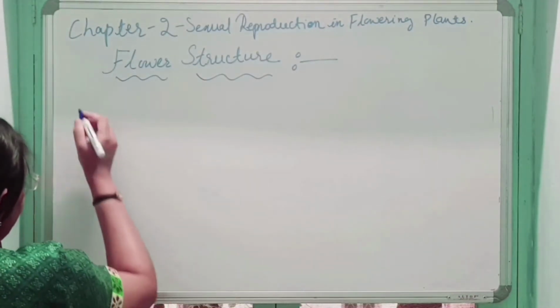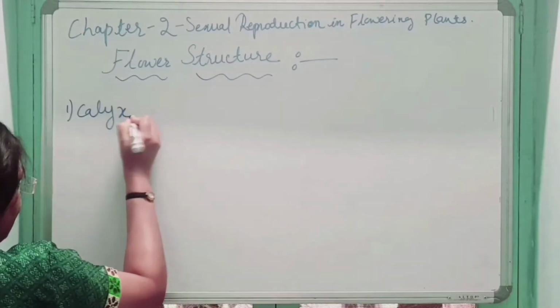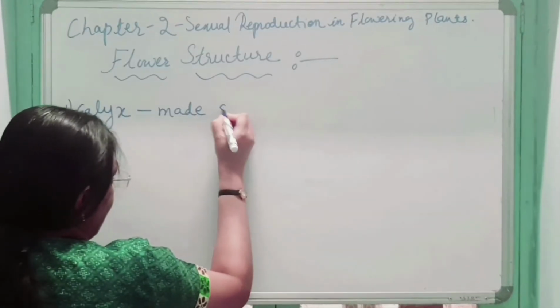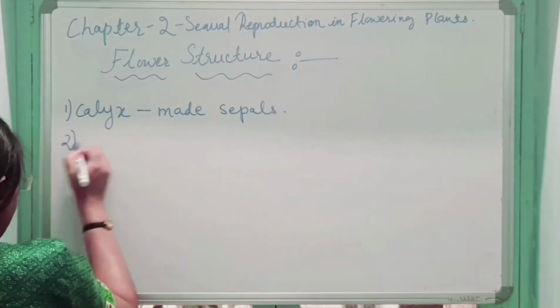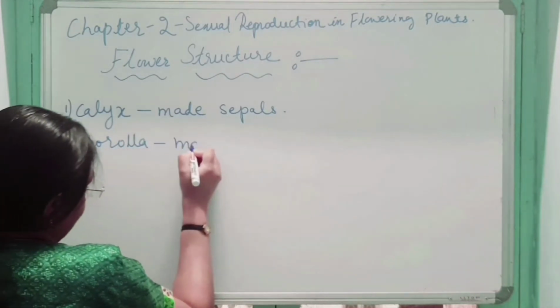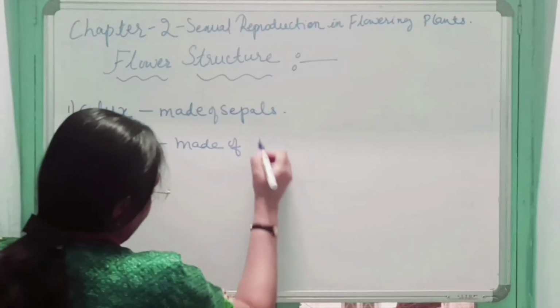The first part of the flower is calyx. It is made up of sepals. The second part is corolla. It is made up of petals.